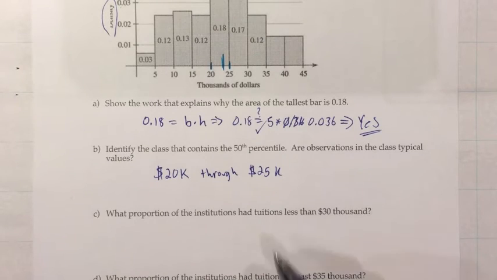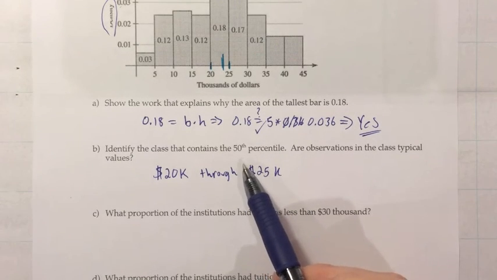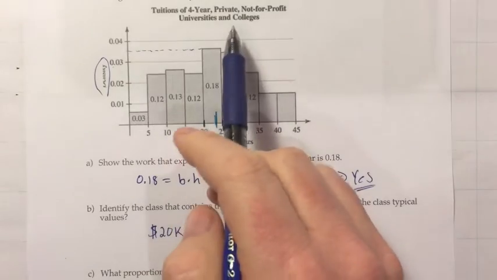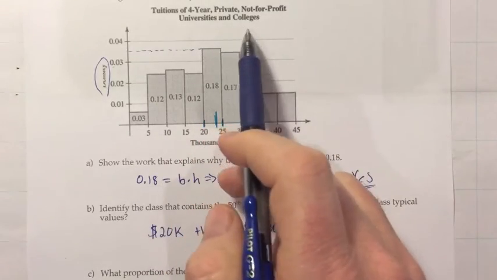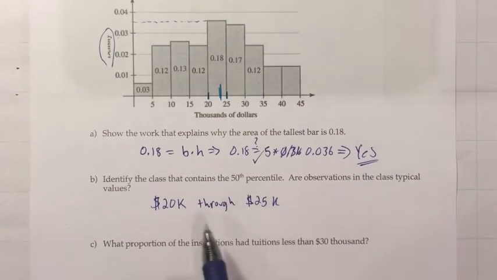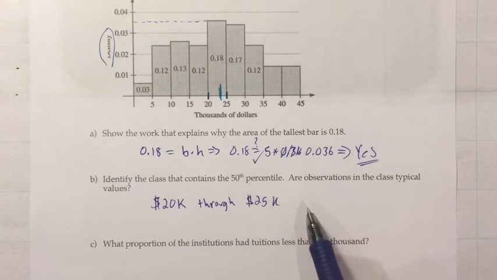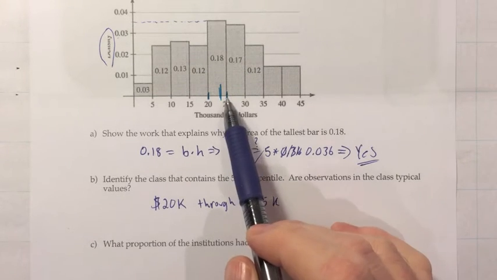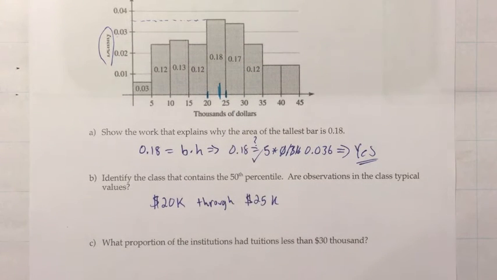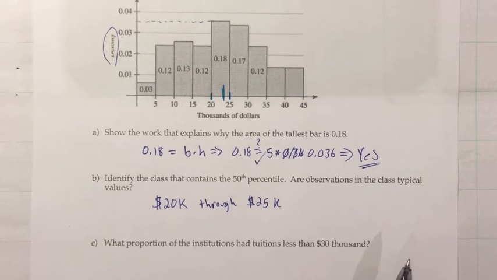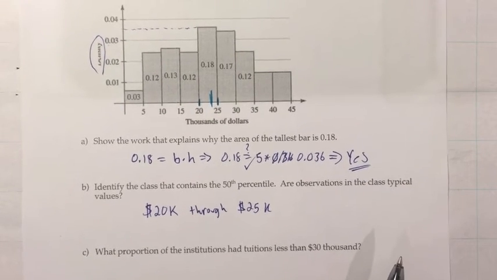What that means is that of the 4-year private not-for-profit universities and colleges, about half of them have a tuition that's somewhere below, let's say, $23,000, and the other half above $23,000. I don't know the exact number, but it's somewhere in that class. It would separate the cheaper 50% from the most expensive 50% of these types of universities.